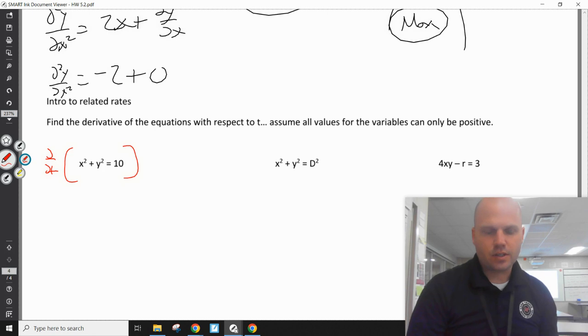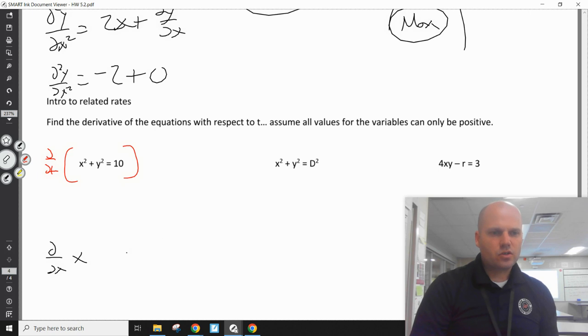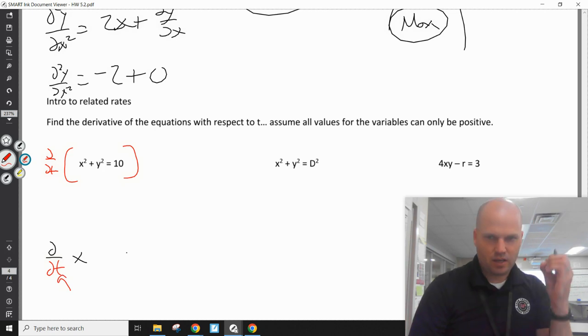What's important is that you are used to derivatives of x being 1. Well, that's because you are finding the change in x over the change in x. Well, the change in x over the change in x is like change in x divided by itself. It's 1. We don't have this fancy thing. But if I change what I'm finding the change of, I want to find the change in x at a moment in time. dt stands for like a moment in time, an instantaneous change in t.